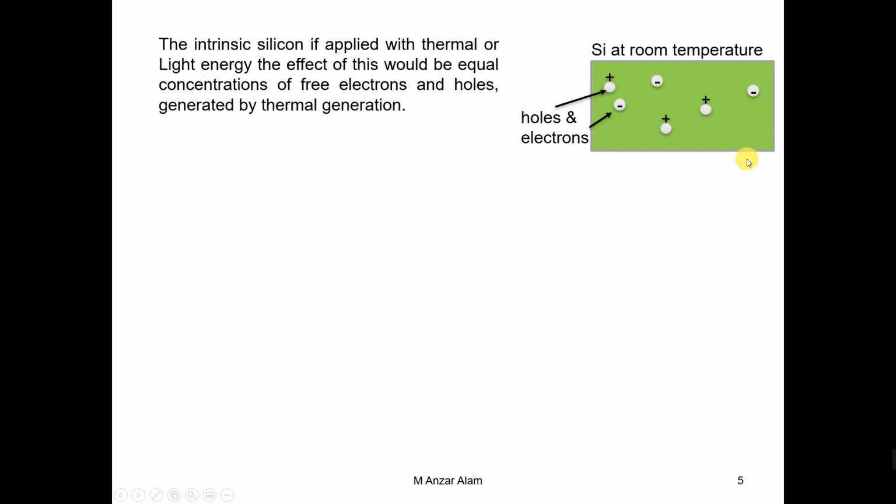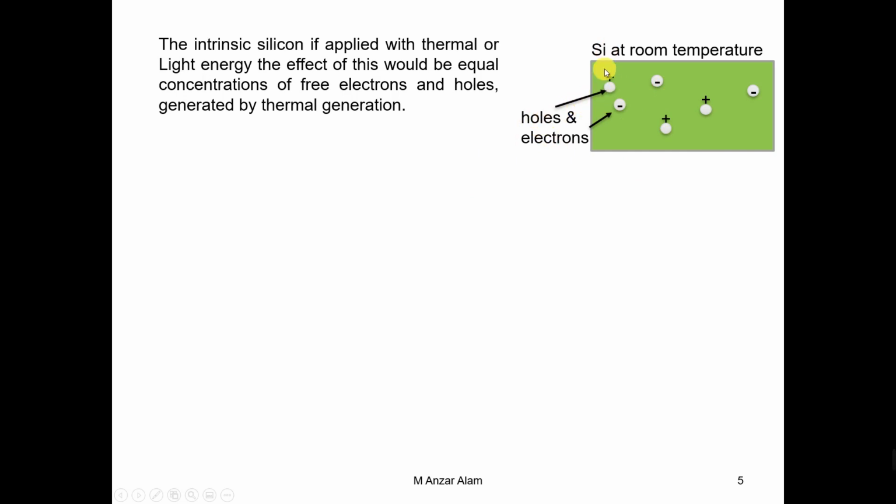Let's suppose another figure, a simplified figure. If this is a silicon crystal and this silicon crystal is not at 0 degree Kelvin, but at room temperature, it might be possible there are some free electrons and at the same time some free holes will also exist. So we can see here holes.